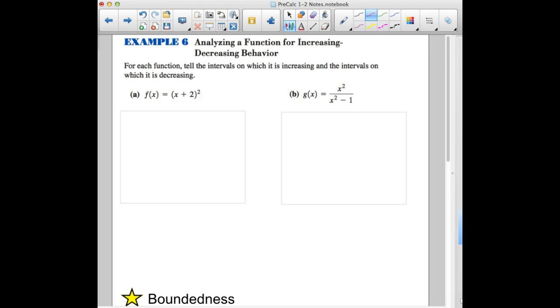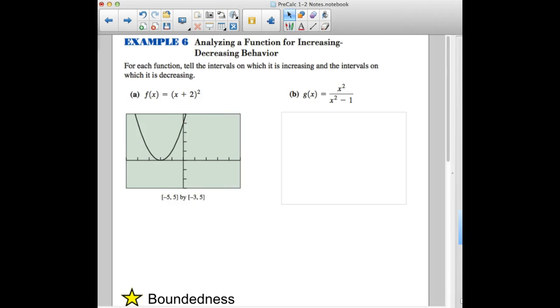Because it's in the parentheses, right? It's in the piece that's being squared. Okay, so this is a parabola that's been shifted to the left 2. All right. So at what x value is there a change in the direction of your graph? Yep, at -2.